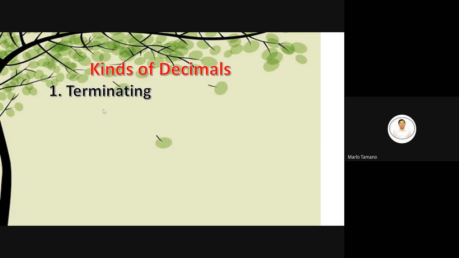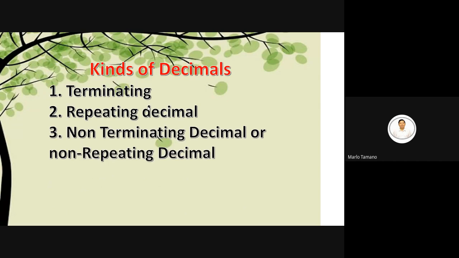Kinds of decimals: number 1, terminating decimal. Number 2, repeating decimal. Number 3, non-terminating, the one without an end. Non-terminating or non-repeating decimal. It does not repeat, and it also has no end. Okay? Let us continue.